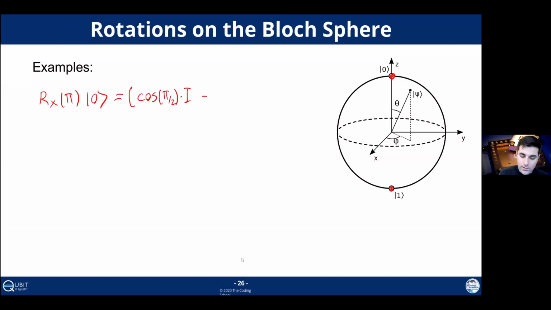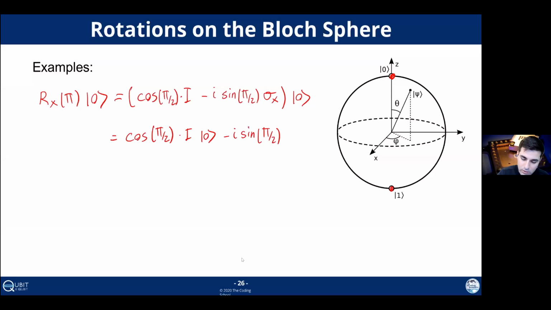Now, this would be the same as if I were to apply each operator separately to the 0 state. So maybe let's do that first. So I have cosine of theta divided by 2 times I acting on 0 minus i sine of theta divided by 2 sigma x acting on the 0 state.